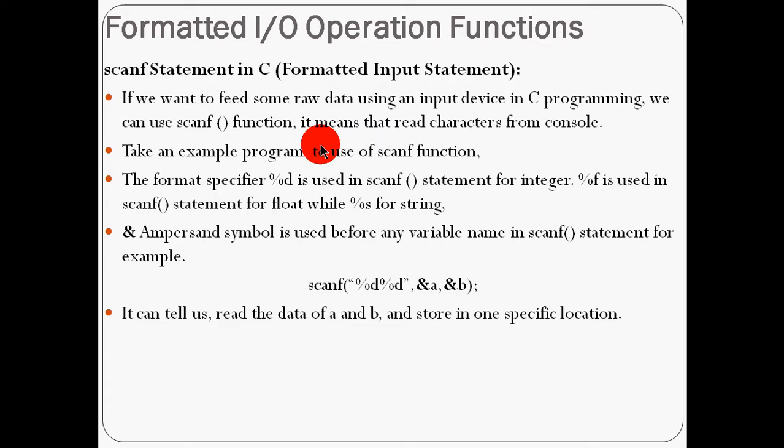So scanf is a function which can take the data from the keyboard and convert it into one particular format that is understandable by your compiler or your computer. Now the general use of the scanf statement is to take the data from the keyboard and forward it toward one particular operation.